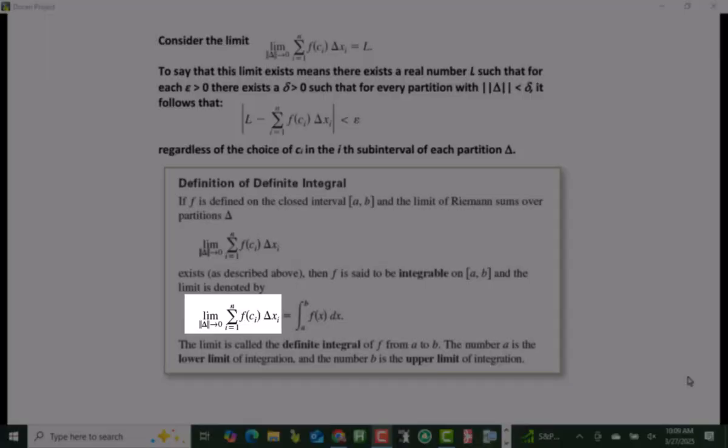It's telling us right here that as the norm goes to zero, well, this stuff inside the summation looks exactly like it did yesterday. And then we change it to this, equaling this thing over here on the right, f of x dx. And look at the notation. See the little a and the little b? That's saying the interval is from a to b. That's why it's called a definite integral. We're not just talking about this thing in general. We're talking about on this specific interval of the x-axis from a to b.